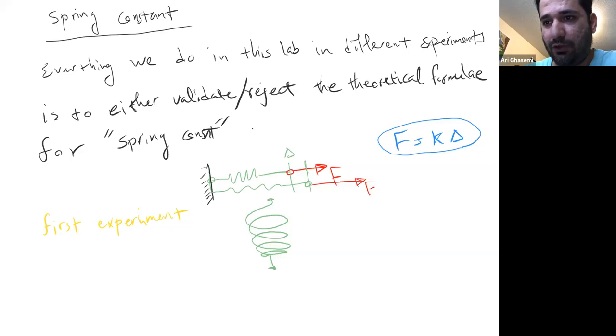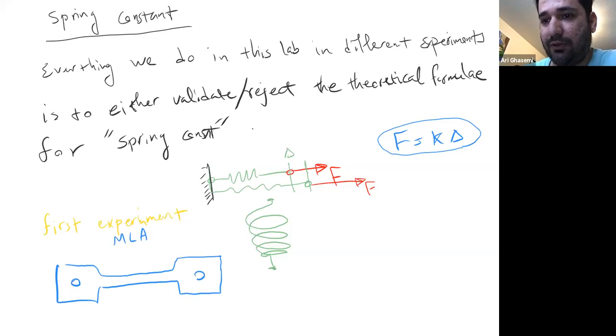For example, this specimen, this is MLA. So this is your specimen. You put this standard specimen in the tension machine.